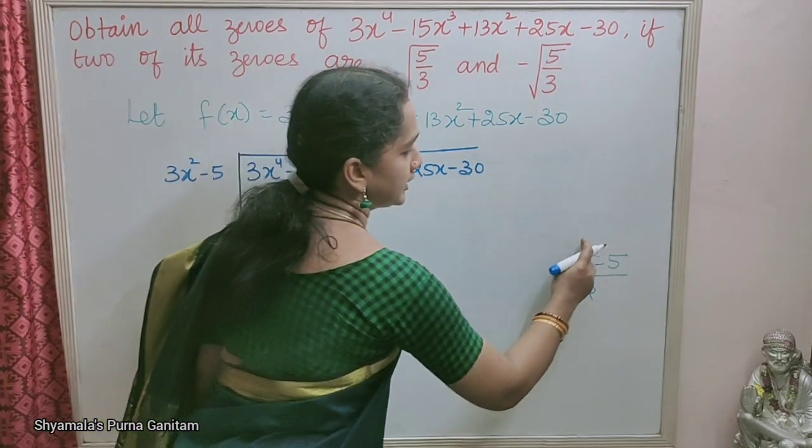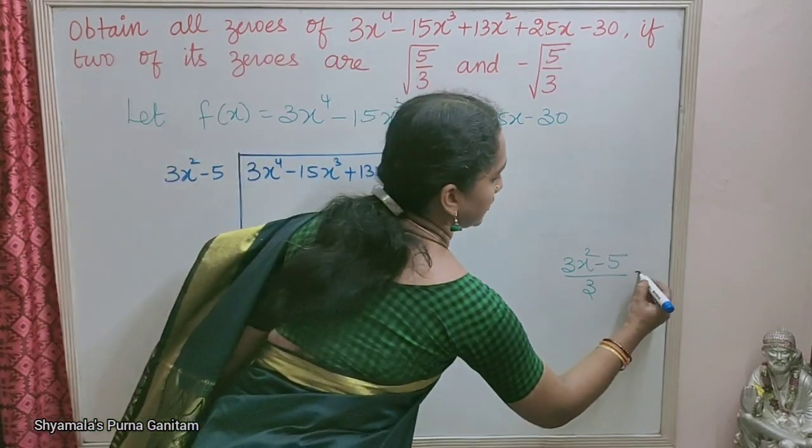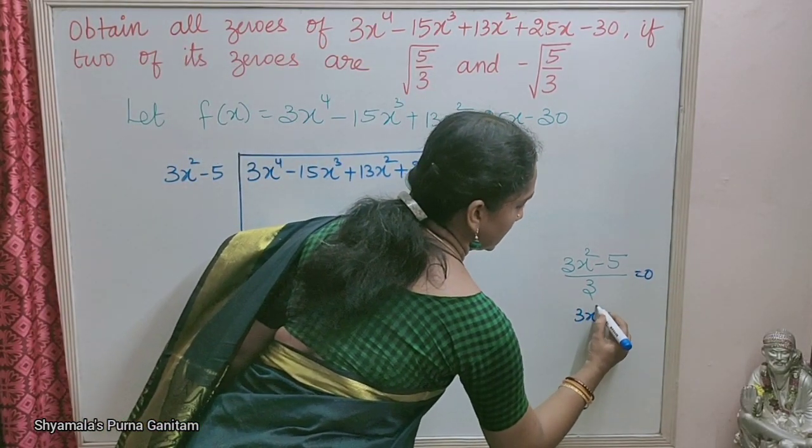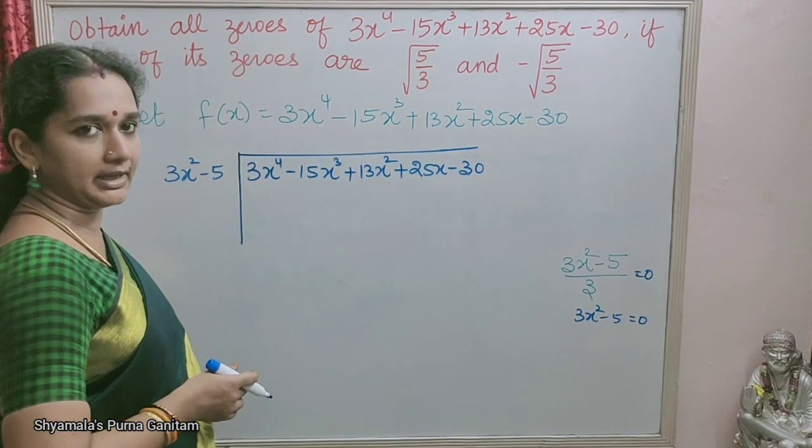As I told you, x squared minus 5 by 3 is equal to 0, so 3x squared minus 5 is equal to 0. That is why I am dividing by it.